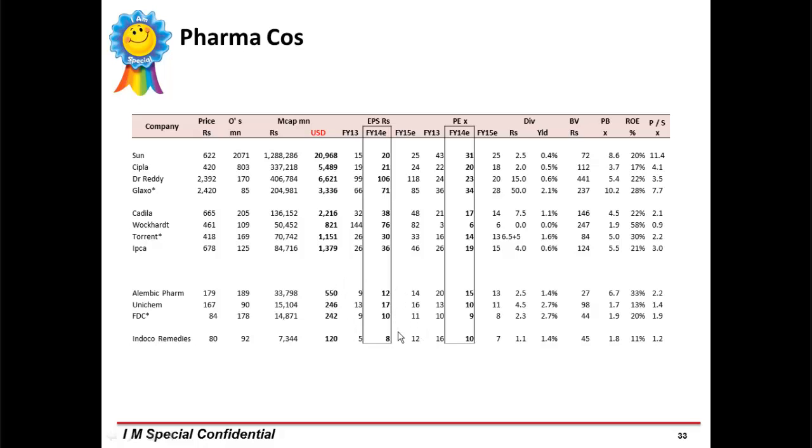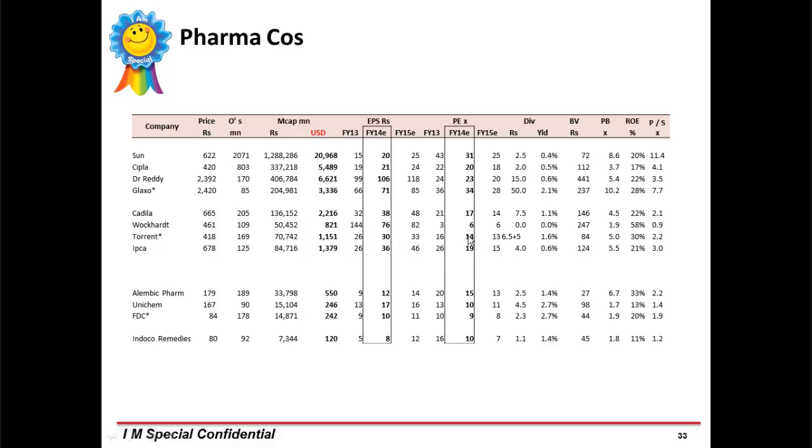PE is 15 to 10 times. Look at the PE again, the same. The large cap stocks, which are large in size and whose growth rate is better, will always command higher PE. So 30 times, 20 times. The mid tiers are valued at lower PE, 17 times, 15 times, 19 times.